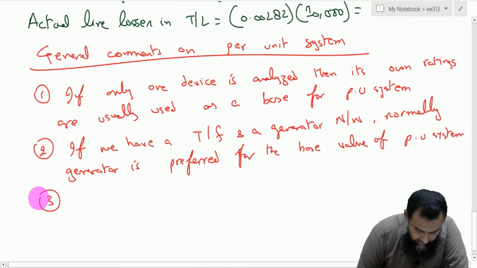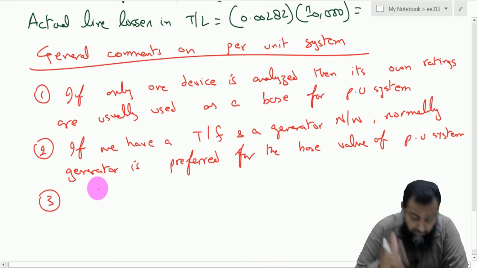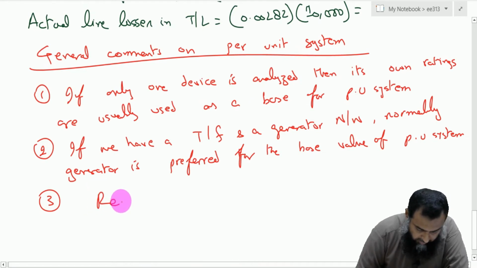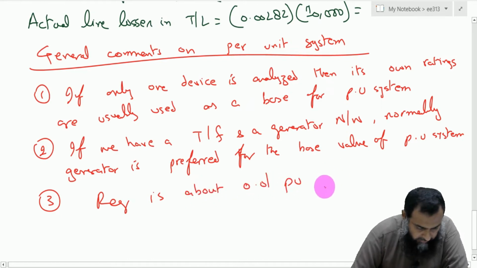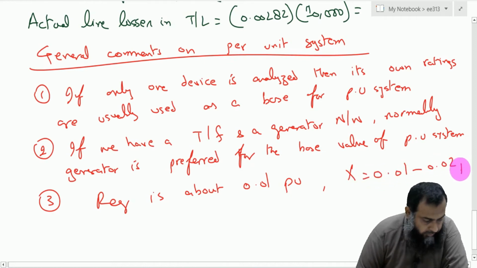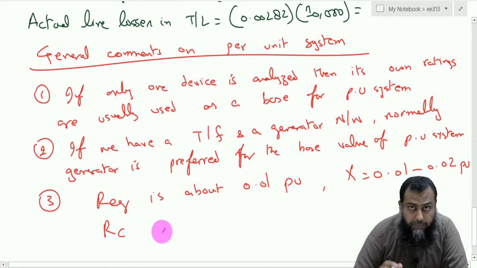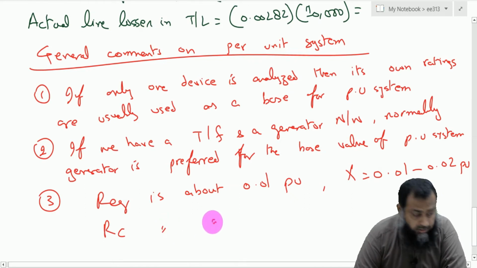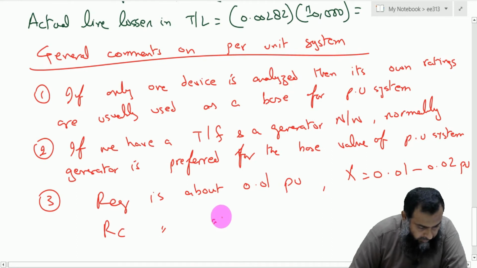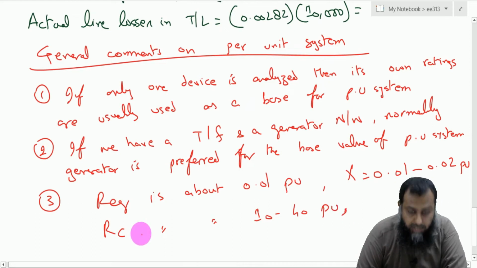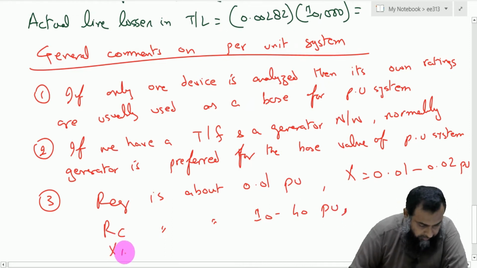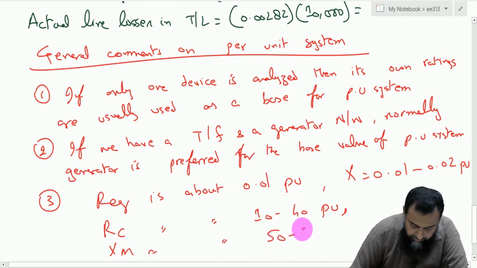Number three, in terms of the equivalent circuit of a transformer, this R equivalent is usually about 0.01 per unit, and this X varies from 0.01 to 0.02 per unit. Also, in terms of the per unit value of a given transformer system, this Rc is between 10 to 40 per unit, which shows the high magnitude of this Rc, and this XM is about 50 to 200 times the per unit value.